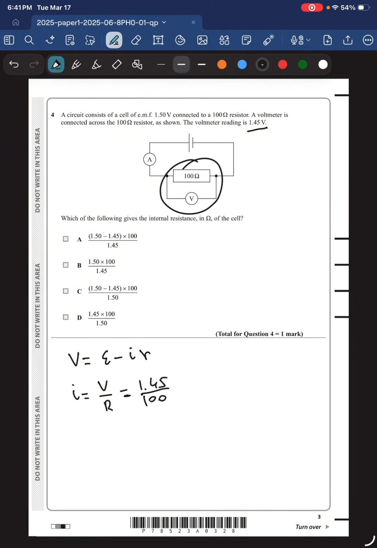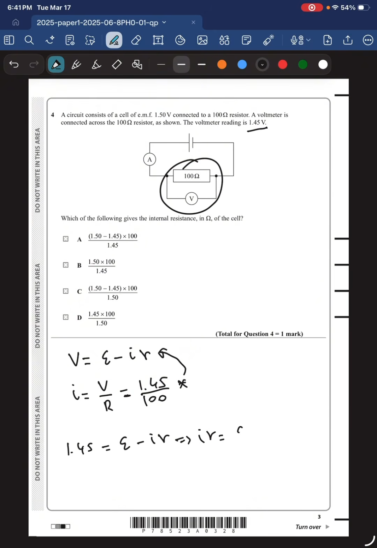Now let's see how we can use this. Let me think. Okay, we calculated the current and we can plug it into there. Okay, so what's the voltage? It's 1.45 again, right? Because it's measured from the voltmeter, and this should be equal to the EMF minus I times the internal resistance, right?